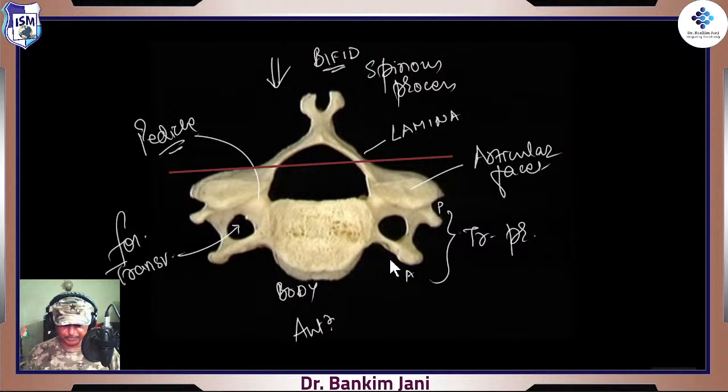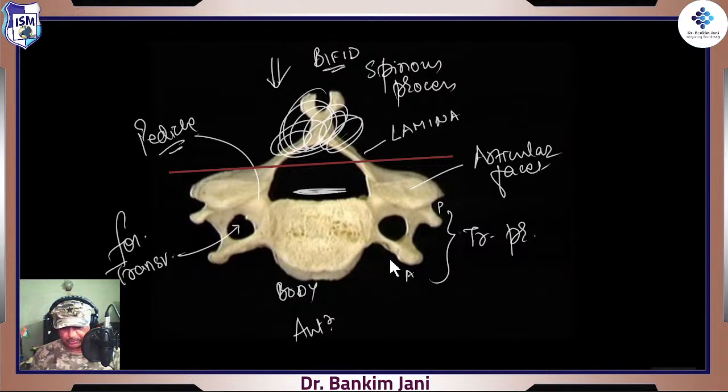If we watch from the posterior side, that means this portion is removed. So we'll be able to see these structures over here. The spinal cord is over here, right? That's how we'll see. If we put a cut like this and we watch from the side, we'll be able to see the lateral structures, right?